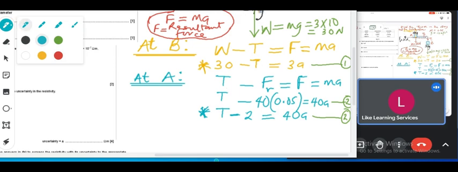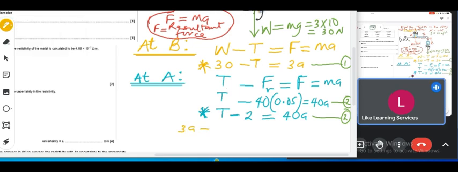Let me write equation 1 as 3a plus T equals 30. Do you agree with me? 3a, T crosses over, then 30 will remain. So 3a plus T equal to 30. That's the adjusted form of equation 1.